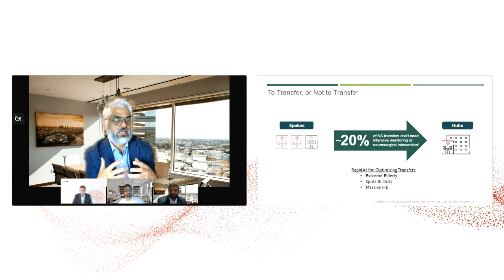So it has increased our ability to give some form of quality care in my rural hospitals. And obviously, my administrators love appropriate transfers. We don't want to clog our comprehensive stroke center or thrombectomy stroke center with patients who do not need a transfer. So that is very helpful.